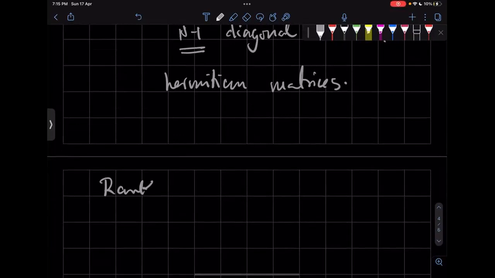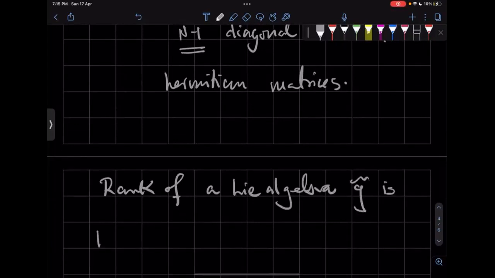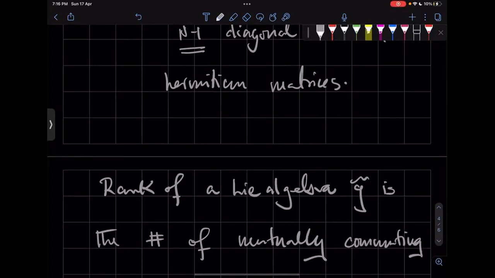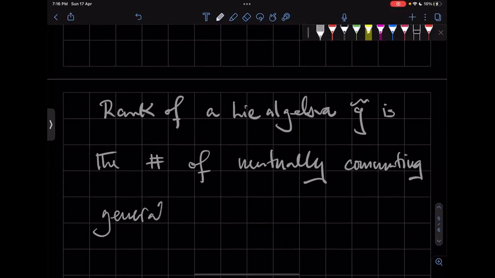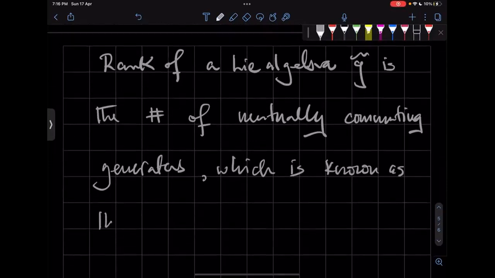Because the rank of a Lie algebra, say G tilde, is the number of mutually commuting generators, which is known as the Cartan subalgebra. Cartan was a great mathematician.